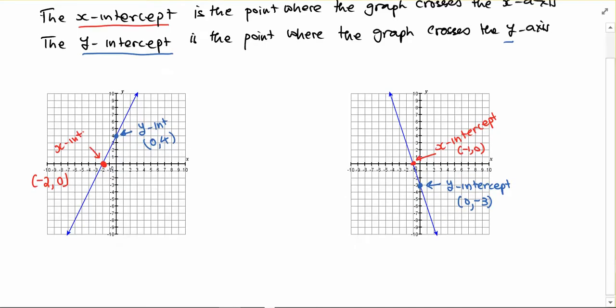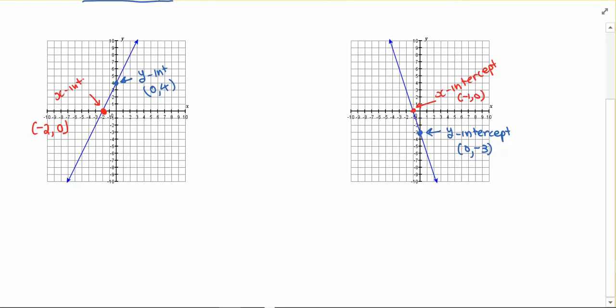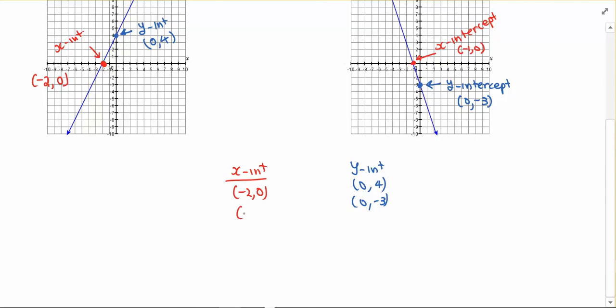So let's write the intercepts down. The y-intercepts would be 0, 4 and 0, -3, and the x-intercepts would be -2, 0 and -1, 0. The reason I did that was for us to see a pattern.